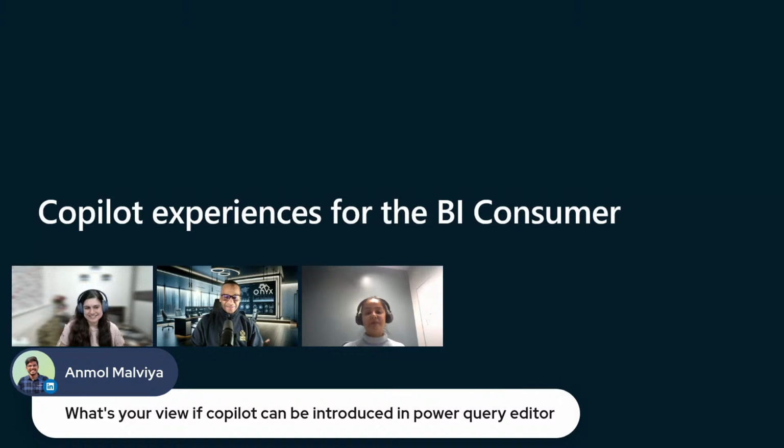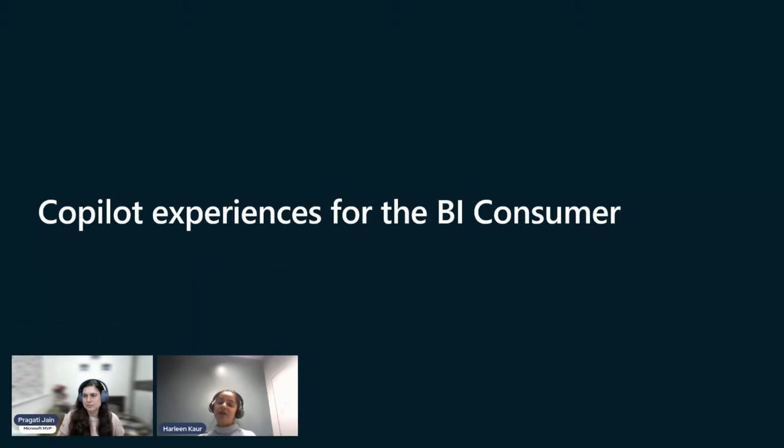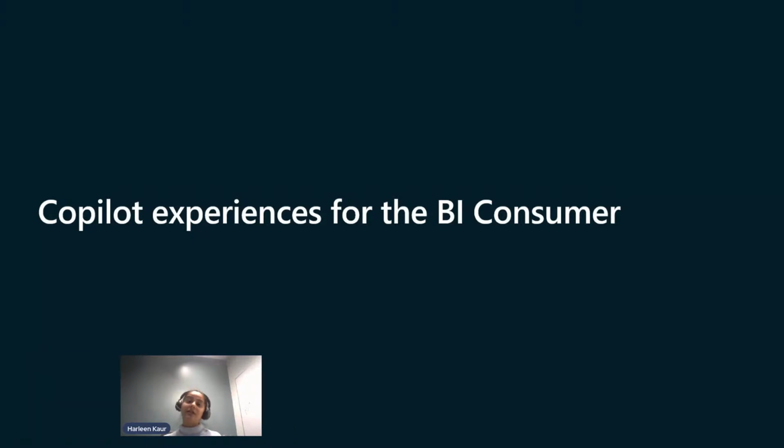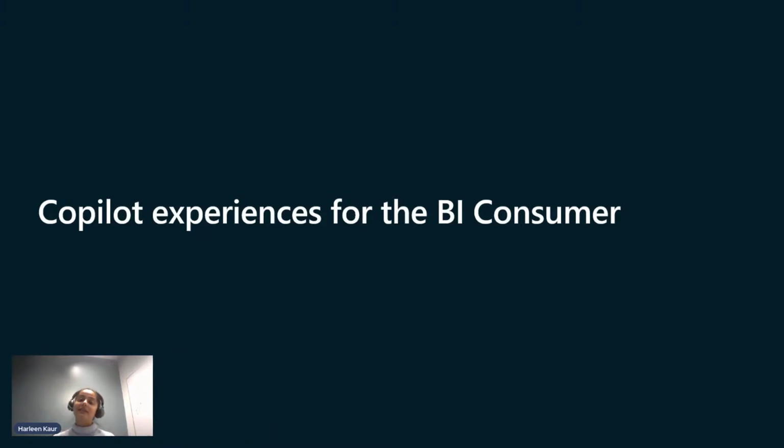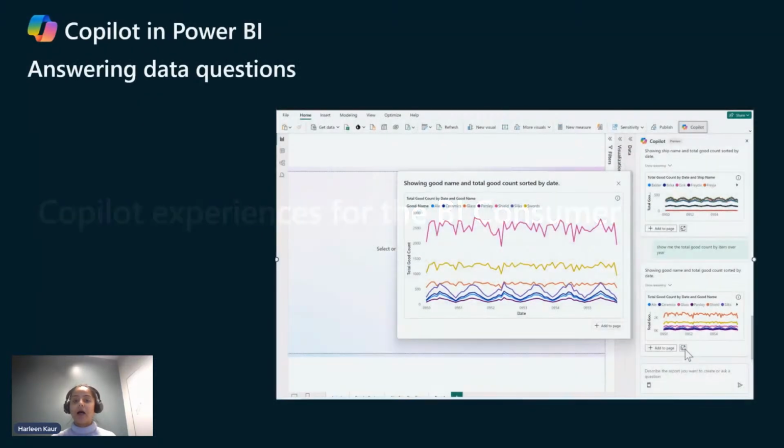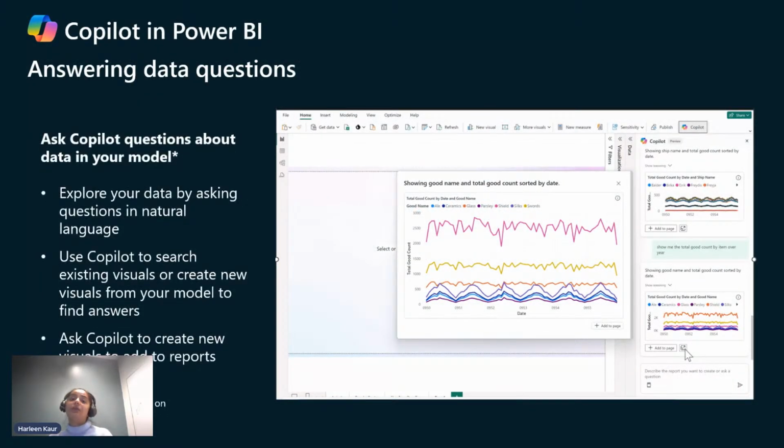Thank you, Harleen. Perfect. Okay, so now that we have talked about the Copilot experiences for Power BI developers, let's talk about the Copilot experiences for Power BI consumers, people who actually consume the reports that the developers have created. The first thing you can do with Copilot in Power BI is ask Copilot questions in natural language about your data in your model.